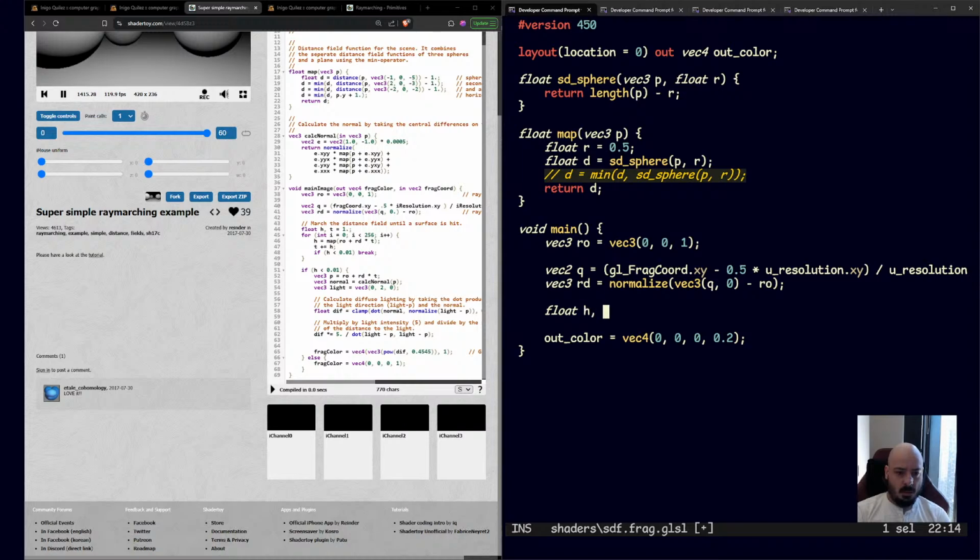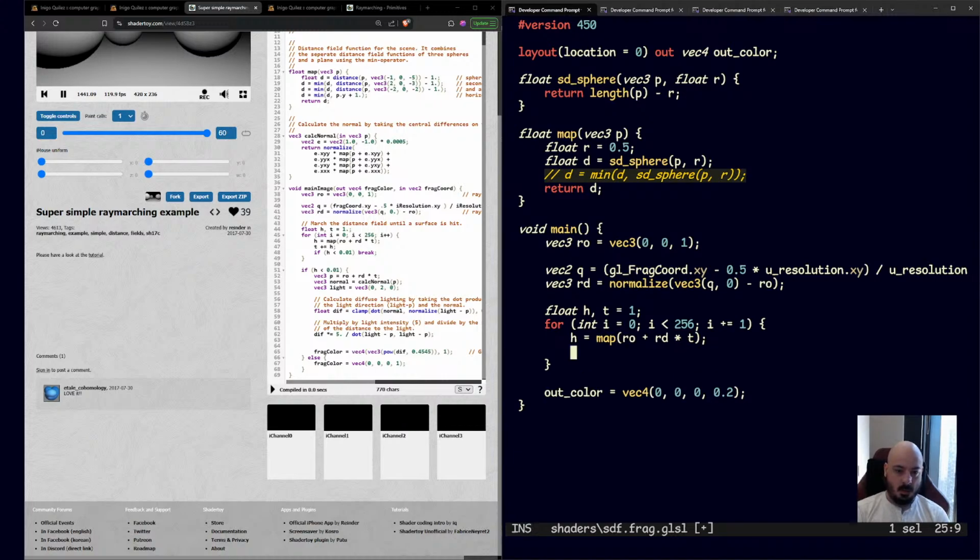So we've got hit and T. I don't know what T is supposed to be. For int i equals 0, he does 256 steps. We can probably just do like 64 or something. Actually, maybe I should just copy him first, and then we can change stuff later. So map(RO plus RD times T).